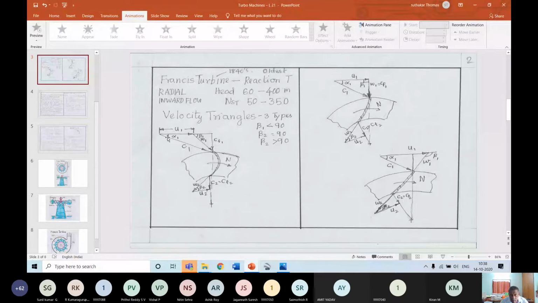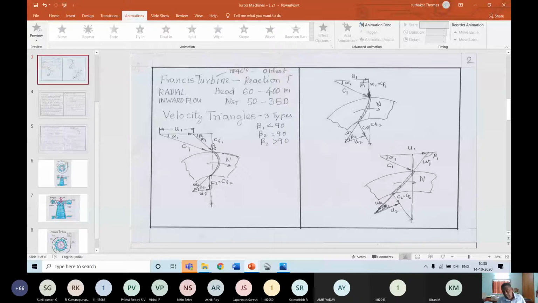The relative velocity W1 at inlet makes an angle beta 1 with the direction of rotation. Then you have the radial component of the flow velocity, CF1. So in this problem, you are asked to find this U1, the diameter, then the width, and you have to solve the velocity triangles.